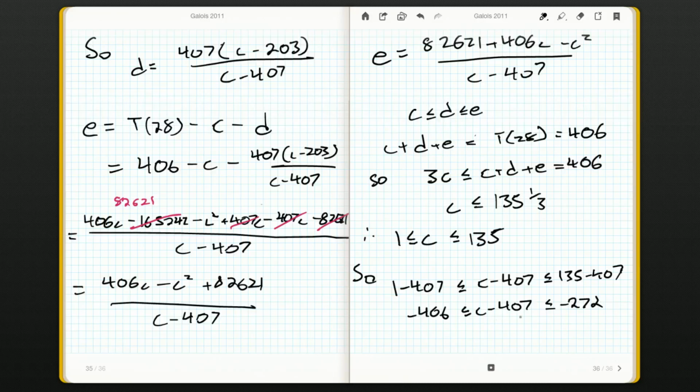So we want c minus 407 to be in this range and give us a nice value for d.